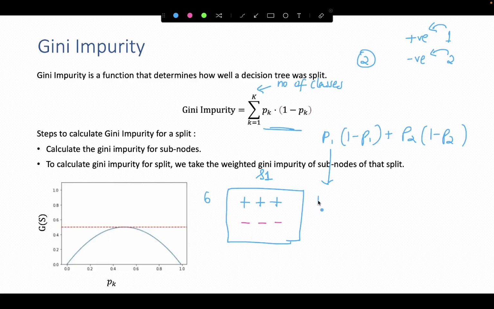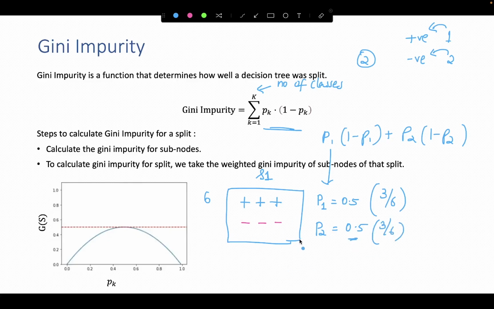So we clearly understand that the probability that a randomly selected data point belongs to class label 1, the positive class, is 0.5, which is nothing but 3 by 6. P sub 2, the probability that a randomly chosen data point among these 6 belongs to the negative class, is 0.5 again, because there are 3 negatives out of 6 data points.